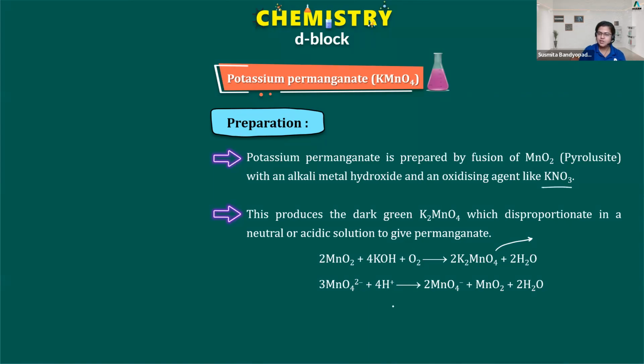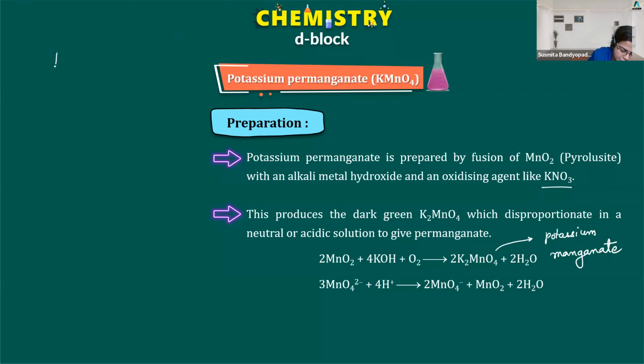But I can directly write O2 here because the oxidizing agent will supply oxygen. So pyrolusite in alkaline medium with an alkali metal hydroxide, be careful, along with an oxidizing agent will produce potassium manganate.